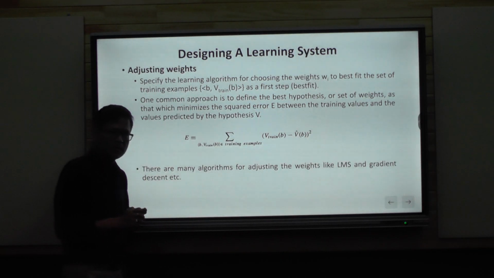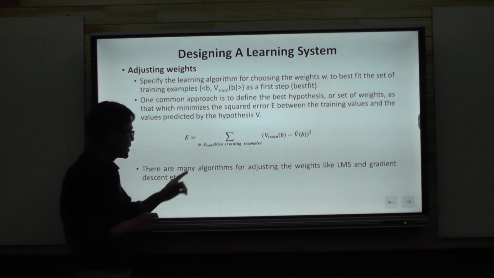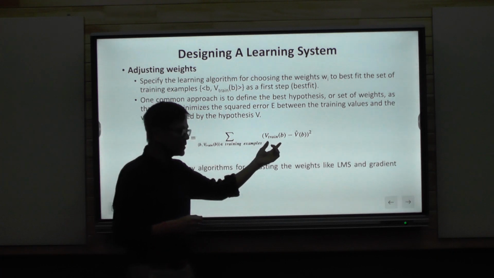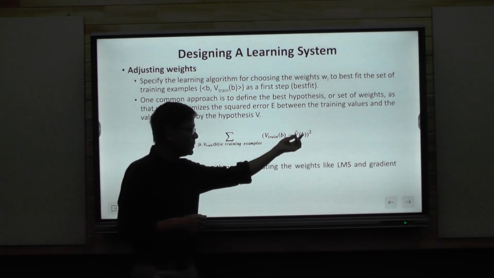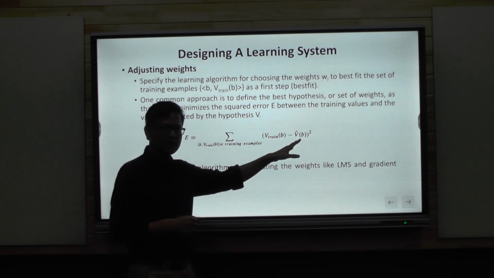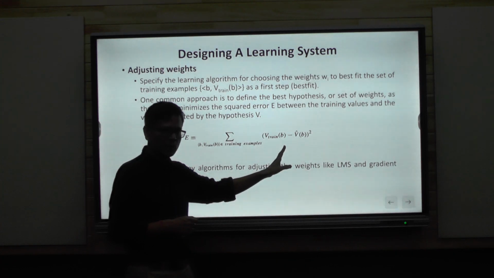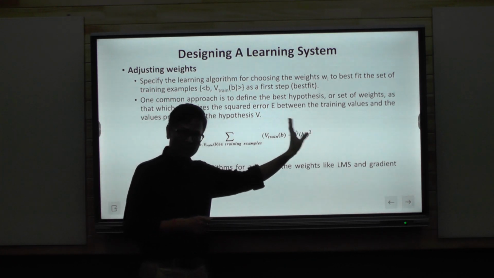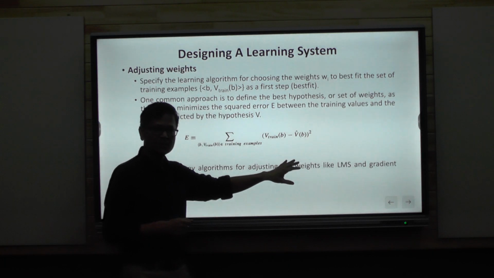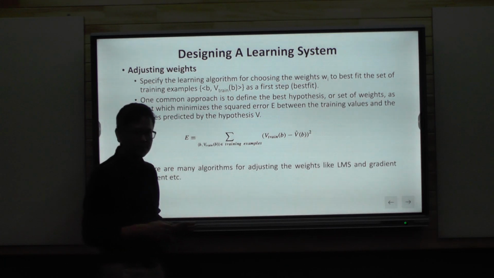So our training can start by calculating the error: V_train(b) minus V-hat(b). You take the difference between the training value and the actual value, square the error, and sum over all training examples, and that is your error.